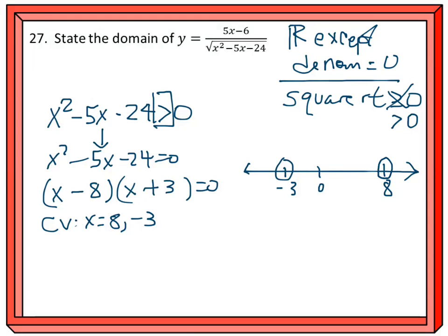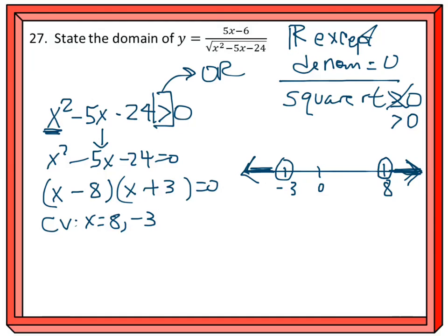Now I've got one of two things I can do here. With a quadratic inequality, if the x squared term is positive and it's on the left-hand side, you can use the shortcut, and this is great OR, so therefore it's going to be on the outside of these numbers. It's an OR inequality.